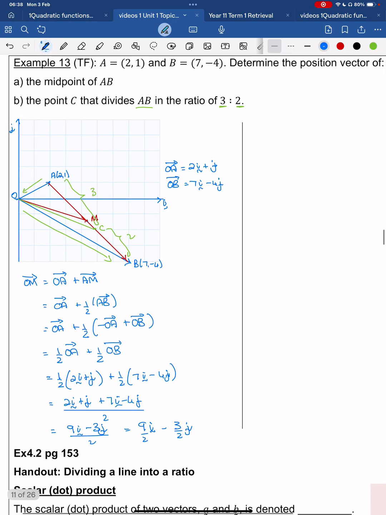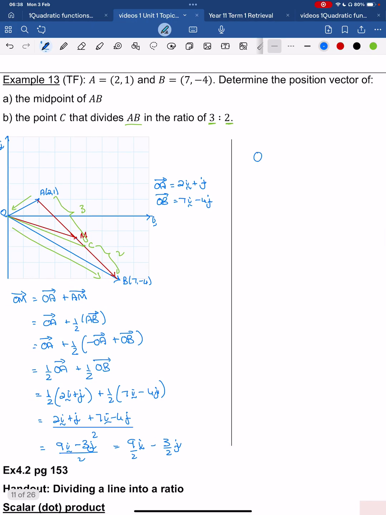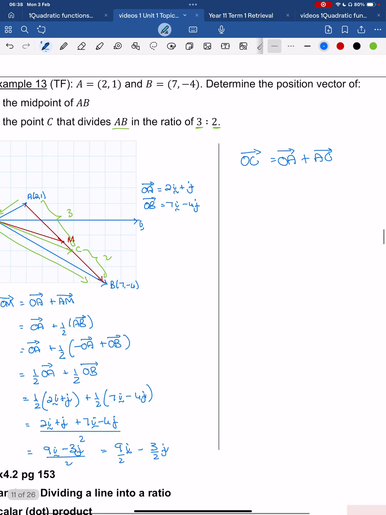All right, so let's have a look. Let's nut that out again using our vectors. So this time we're looking for OC, and to find OC, that needs an arrow. To find OC, we need to go OA plus AC. And now we need to relate this AC to our AB, which we are able to find.